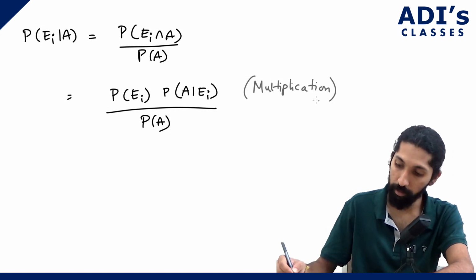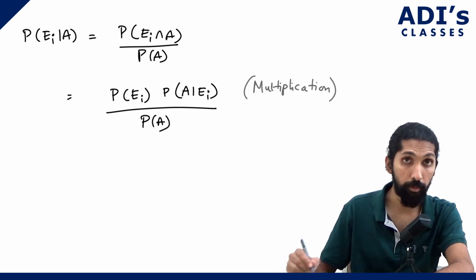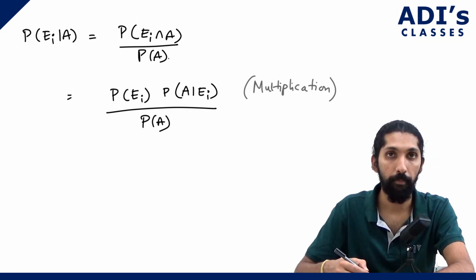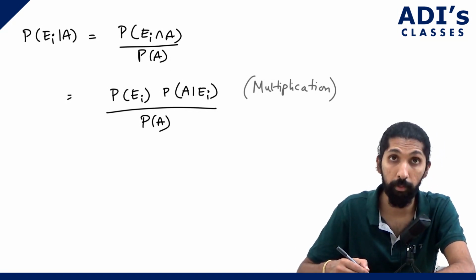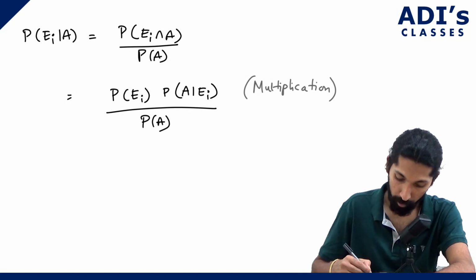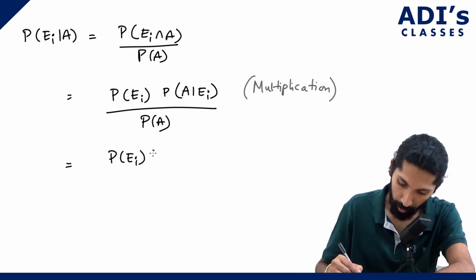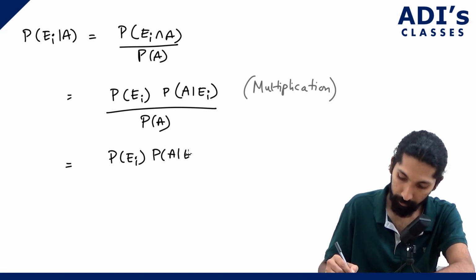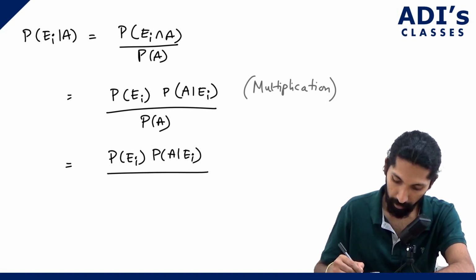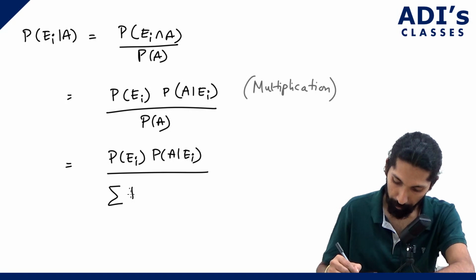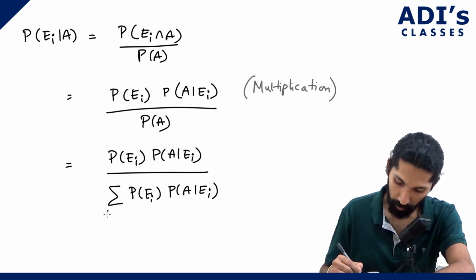So once we have this, next, P of A is there. Just now we did it in the total probability in the previous video. So we can write this as P of Ei into P of A given Ei, divided by sigma P of Ei into P of A given Ei, i is equal to 1 to n.